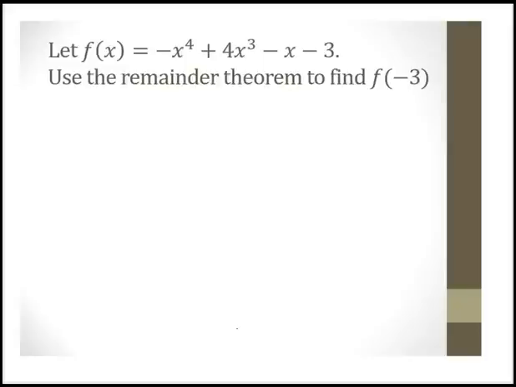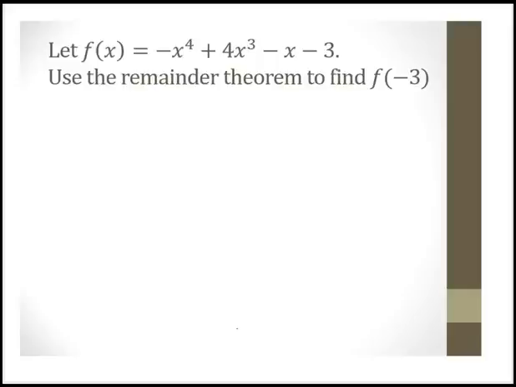Let f of x equal the opposite of x to the fourth plus 4x cubed minus x minus 3. Use the remainder theorem to find f of negative 3. We could just do a simple substitution, right? Substitute negative 3 into the function and evaluate it. But wait a second, how can we use the remainder theorem?